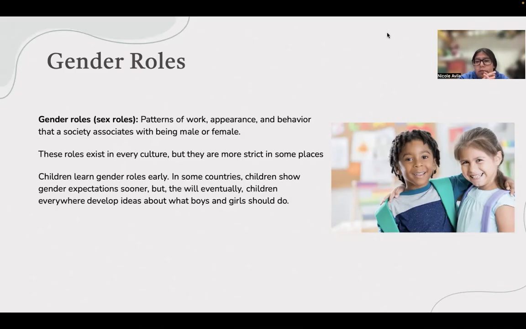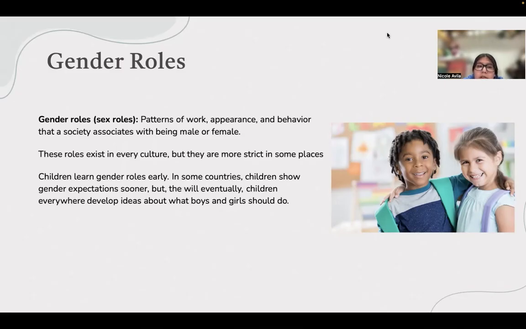These ideas come from traditional cultures, families, and from parenting.